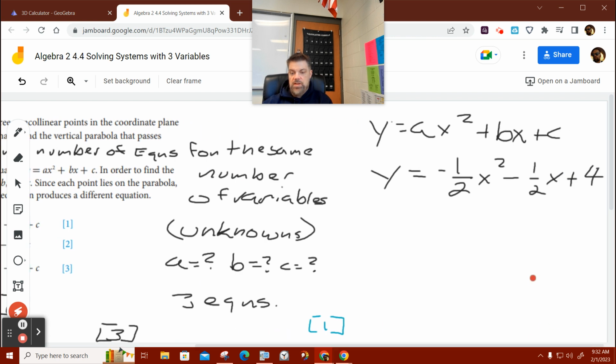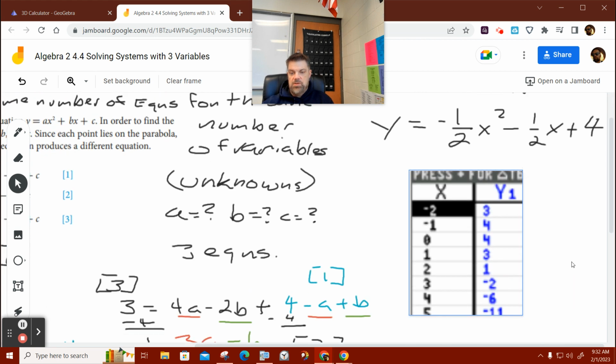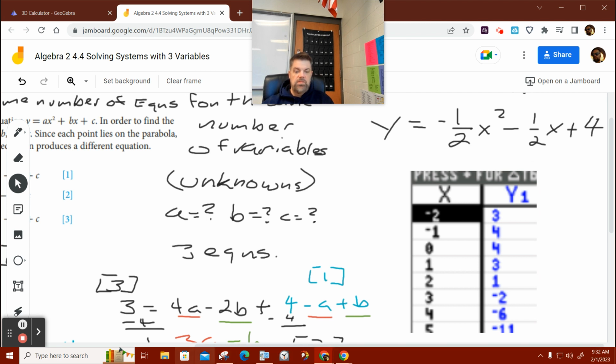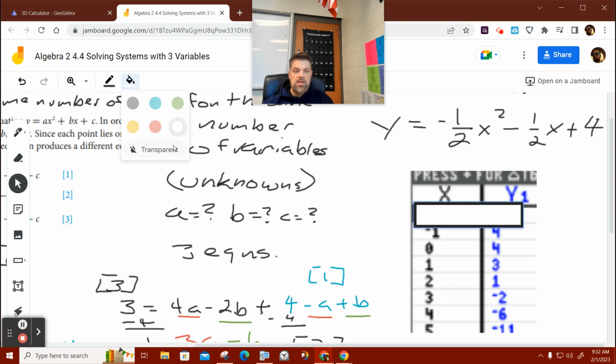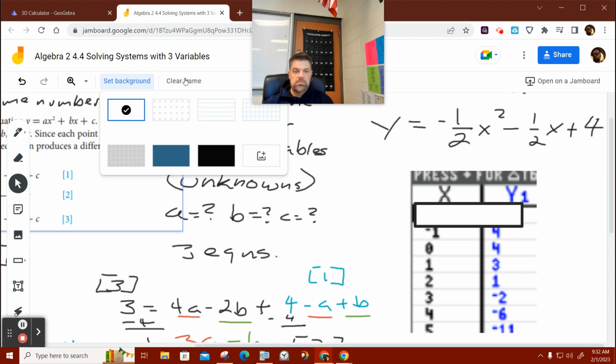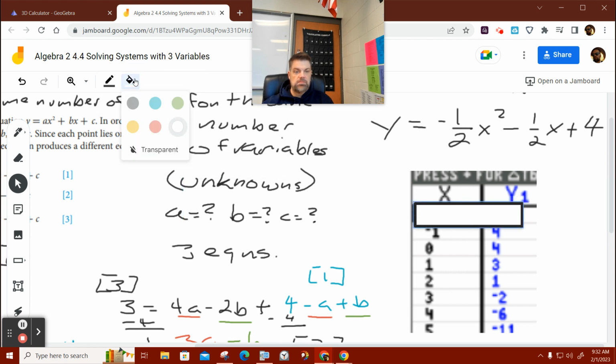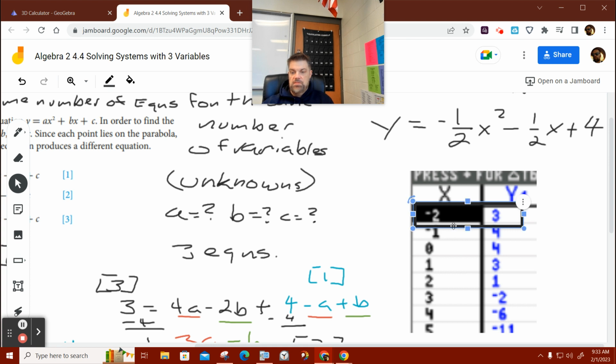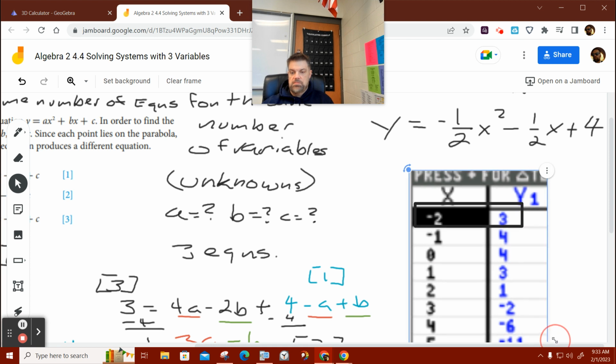So when I've done all the math, this will probably be a little greeny, but as you can see, those points exist on the line, right? -2, comma 3 exist on the line. Also, -1, comma 4.